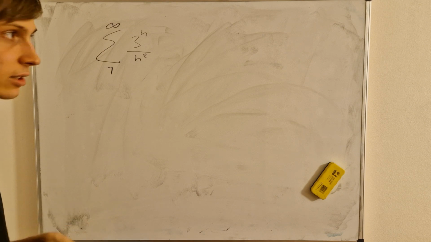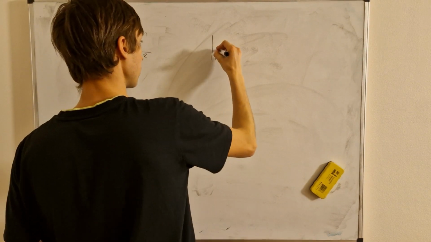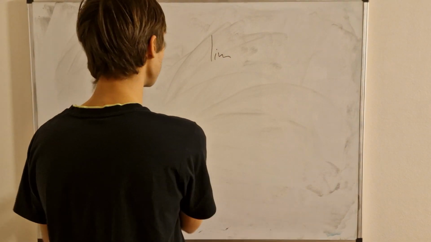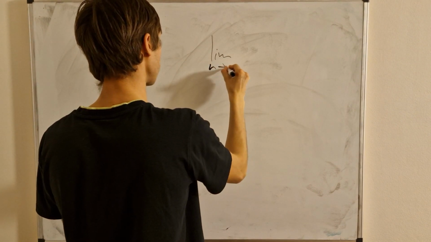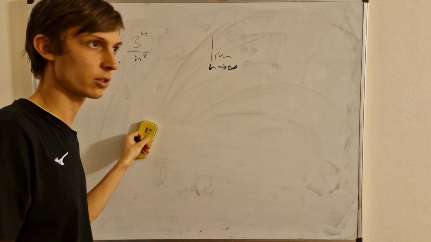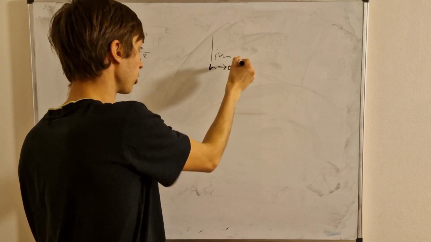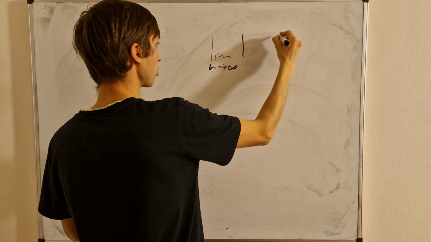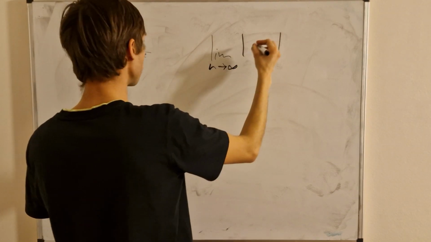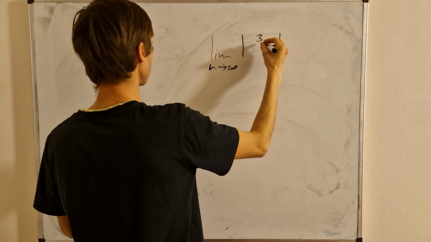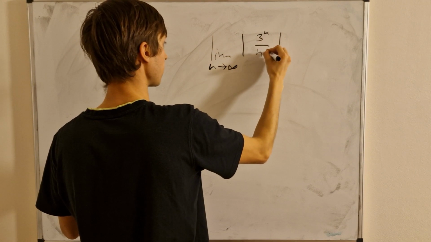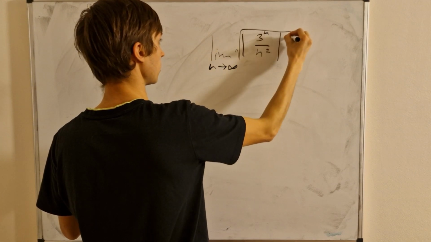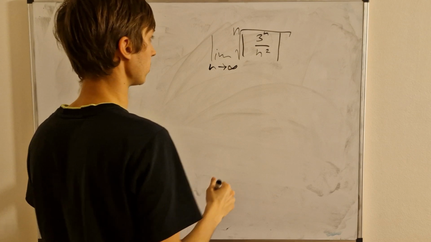And the root test is as follows. One takes the limit as n goes to infinity. I'll write it here, but next I'll just write limit to write it faster, although I'll still be meaning n goes to infinity. Limit of the absolute value of the argument, but with the nth root taken of it.